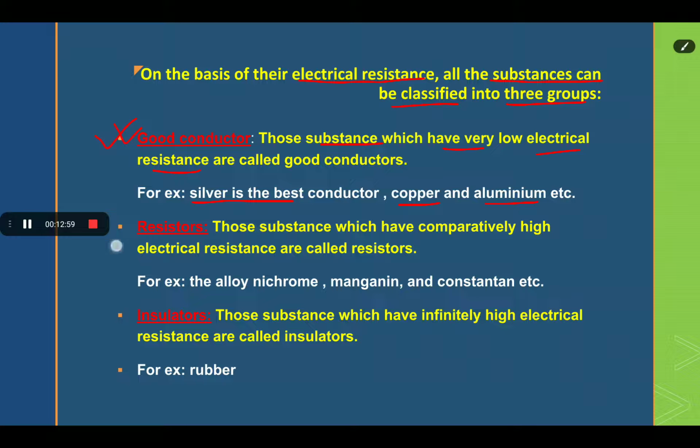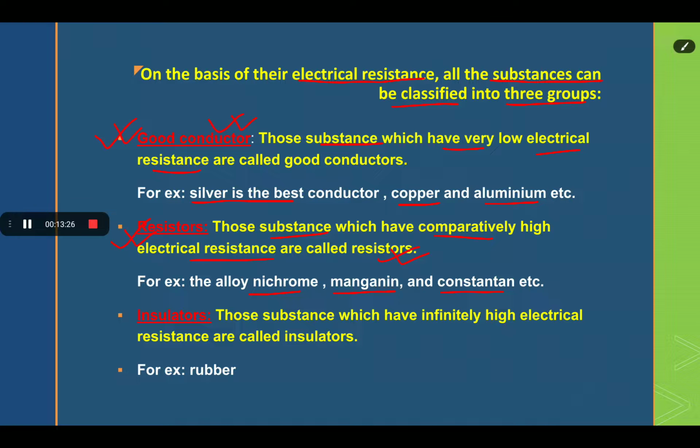The second is resistor. Those substances which have comparatively high electrical resistance are called resistors. It means the substances which have high resistance compared to the conductor are called resistors. For example, nichrome, manganese and constantan.